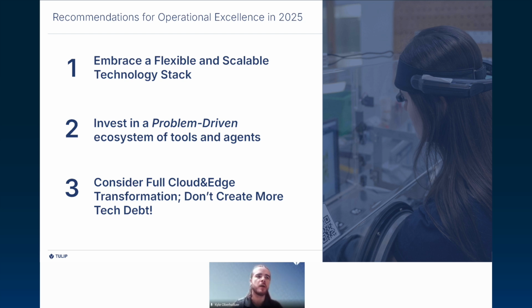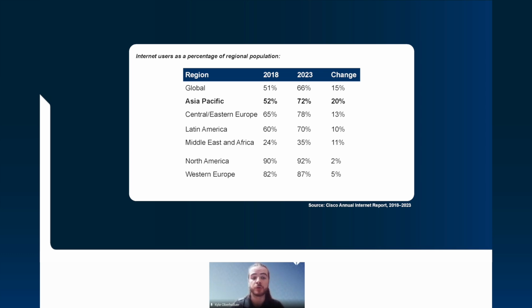We know that now more than ever, people are more familiar with internet-connected devices and tablets and phones. We know that in APAC that's especially true. More than anywhere else, more people are becoming internet users, becoming familiar with electronics and electronic devices. So we know that this adoption rate is increasing, right?